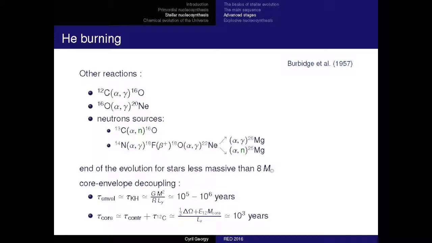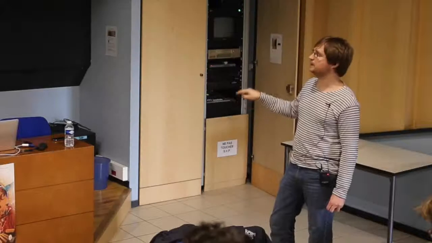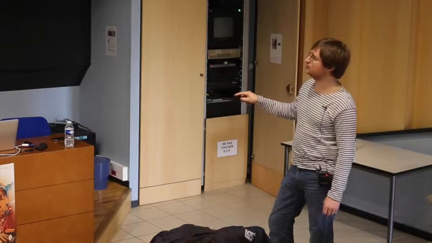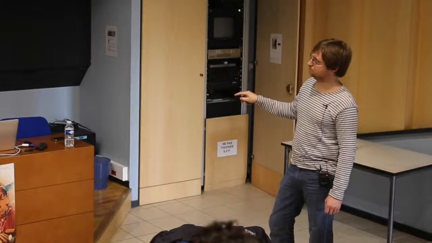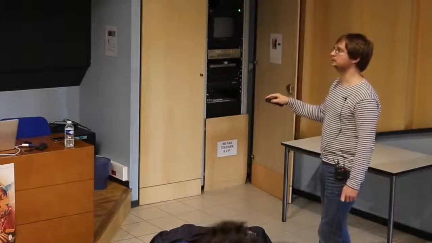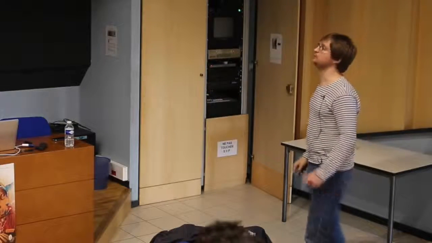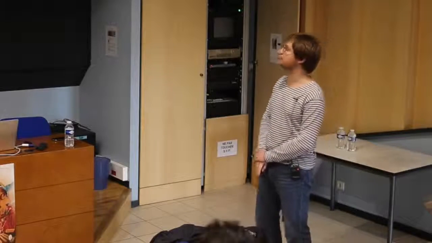And neon-22 can react in 2 different ways with the alpha particles that are in the core, either going through this channel with an alpha capture and a photon release making magnesium-26, or going through this alpha capture and neutron emission producing magnesium-25. But these 2 reactions here are important because they can be a source of neutrons, and we'll see later why it is important to have neutrons in different phases of the stellar life.